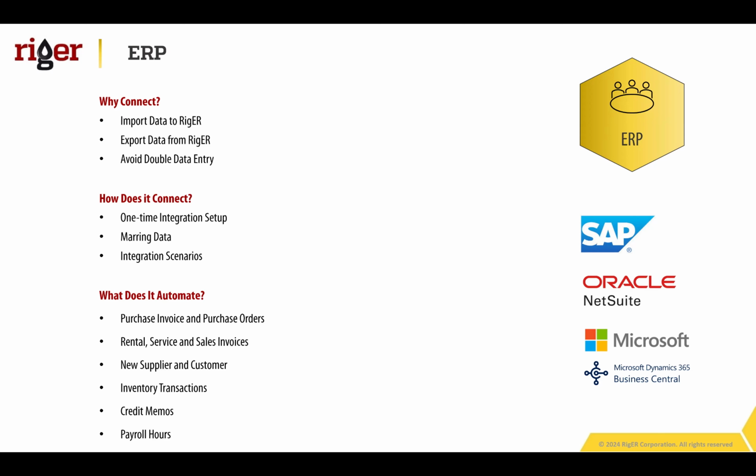Because of the nature of the energy service business, it's very unstandardized, and we have a lot of customization in RigER, and we see a lot of customization in ERP. Every single ERP connection is a separate project.